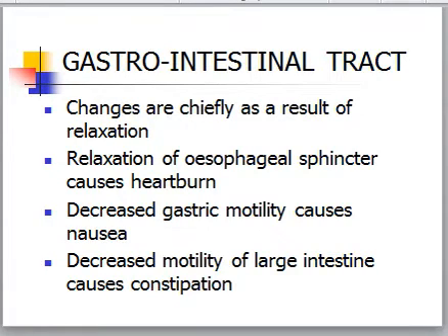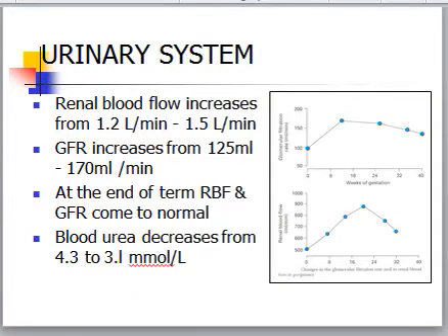Next is the urinary system. Renal blood flow increases by 35 percent, parallel to the increase in blood volume and cardiac output. There is a remarkable increase in the glomerular filtration rate, which occurs as early as the second week and reaches about 40 percent.